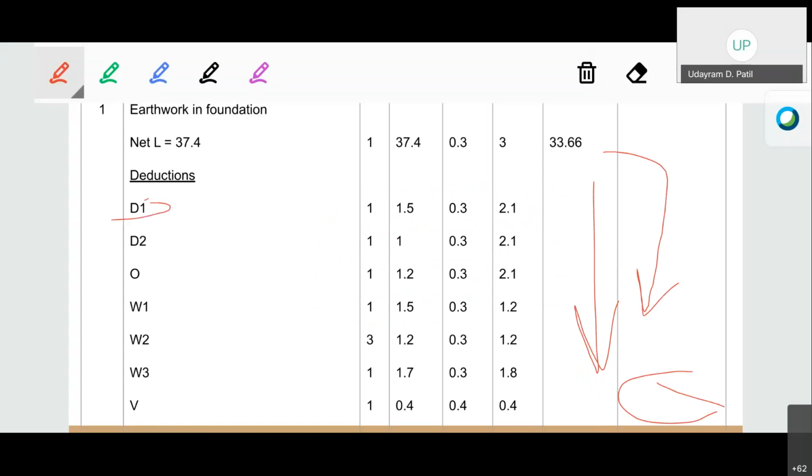For each door, for each opening we are going to deduct each opening. In the previous example, for the ventilator the area was more than 0.1 meter square. So if the ventilator area or any other area is less than 0.1 meter square, in that case we are not going to take that particular opening in case of the deduction. So calculate the net quantity of the brickwork.